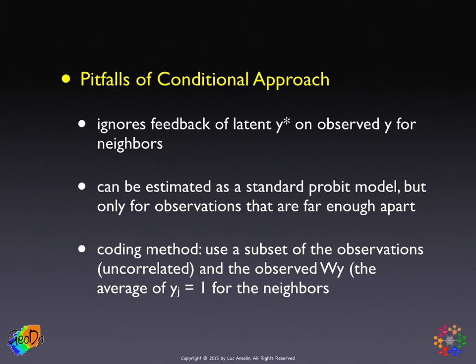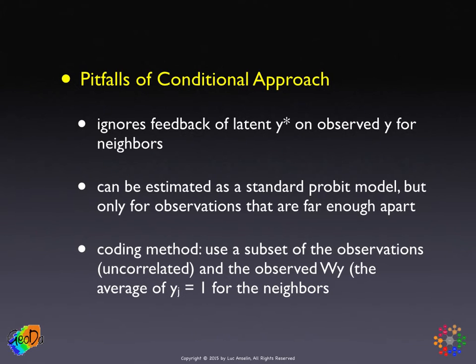So if observations are spread out far enough, then that feedback effect is contained to the specific observation. It doesn't spread through the system. It still is only partially captured, but at least the observations on the observed dependent variable can be treated as if they are uncorrelated, and so therefore standard probit can be applied.